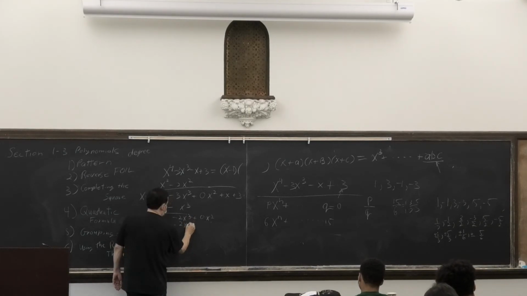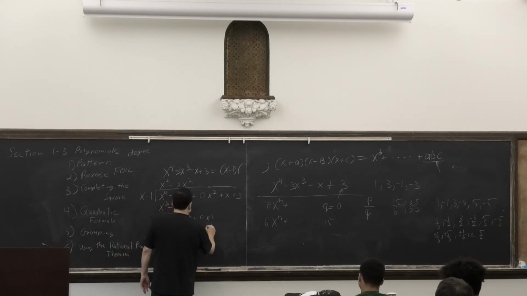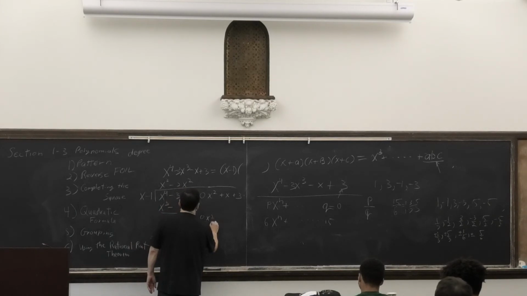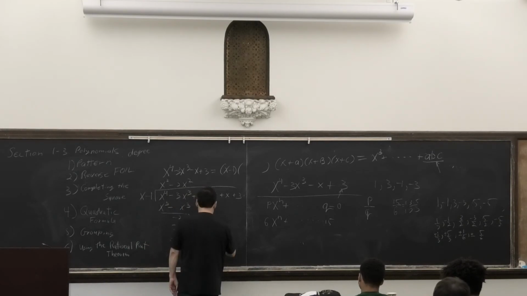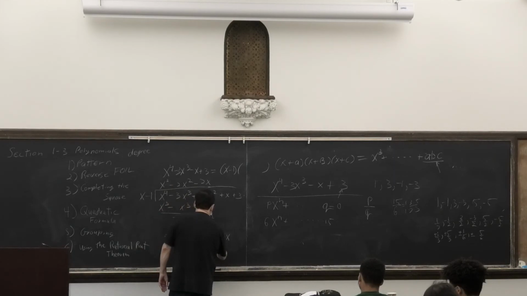Sorry, cubed plus 2x squared. 0 minus 2, minus 2x squared plus x minus 2x squared plus 2x.